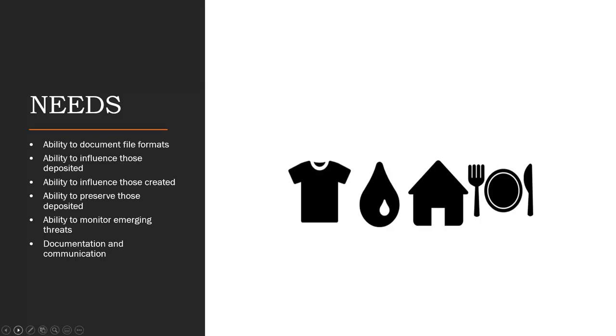One really helpful thing that NARA did, I think, is they had a lot of communication and collaboration with partner agencies. So working with them to identify file formats that might be problematic and including them in the discussion over which file formats were preferred and acceptable.